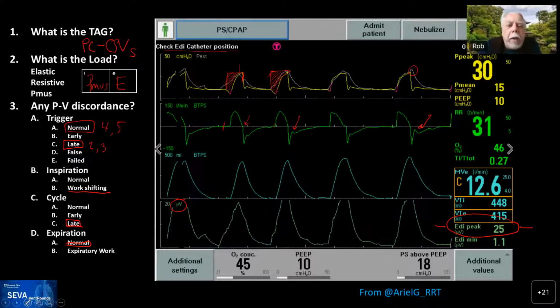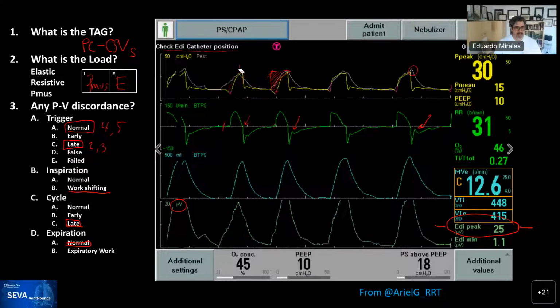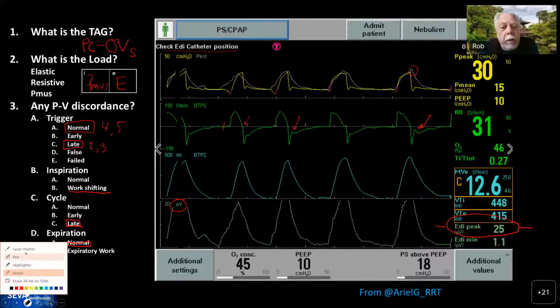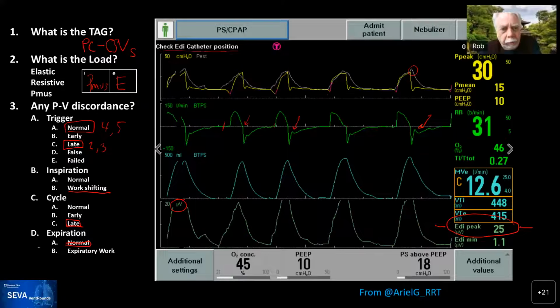Perfect. All right. Since we talked a little bit, I'm going to show a patient without EDI, and let's take a look at it for a second. Go ahead and write your thoughts on the trigger, the load, and what the PV discordance is. Have no fear.